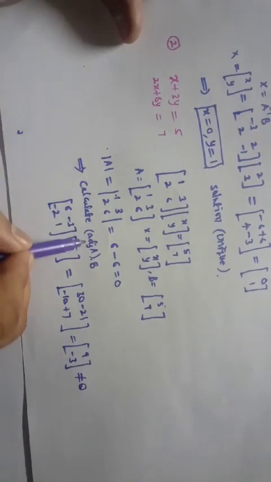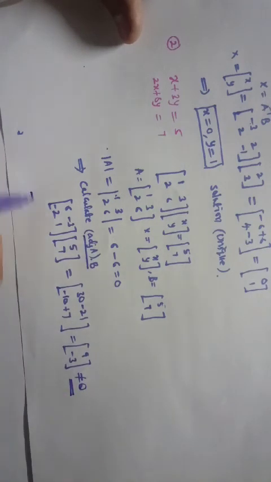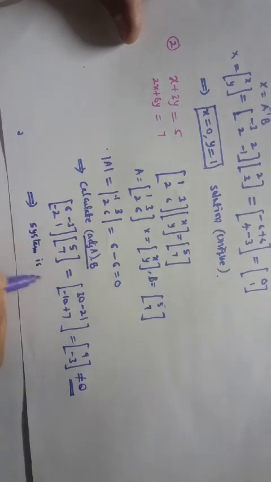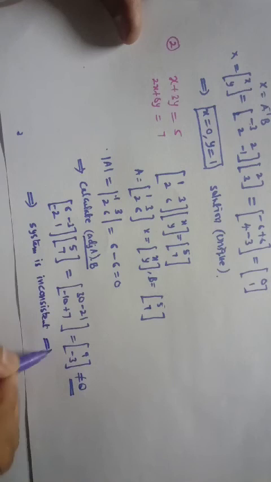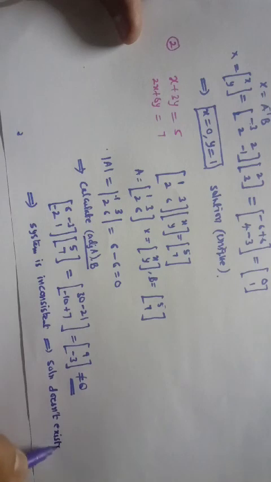Then adjoint of A into B is not equal to 0. This implies the system is inconsistent and the solution does not exist.